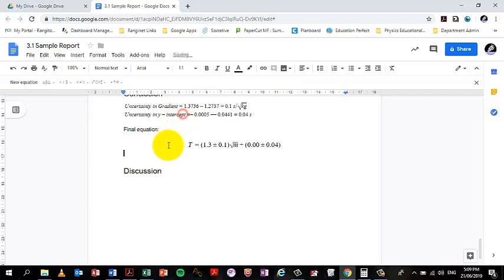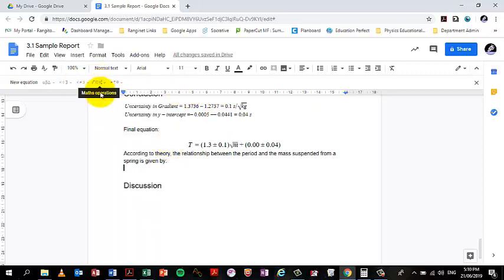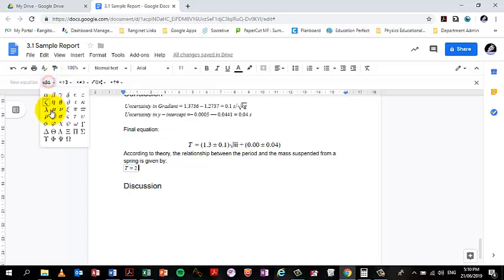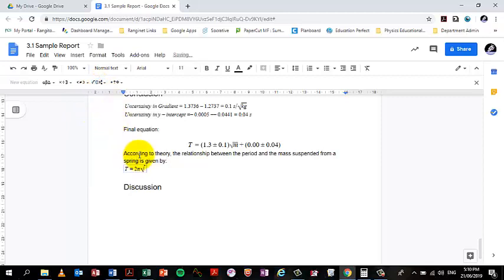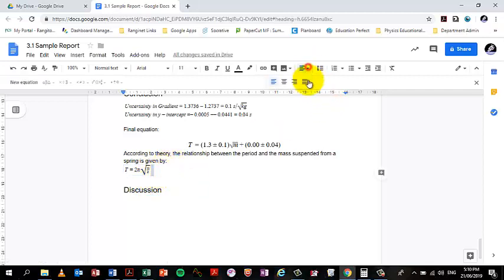According to theory, the relationship between the period and the mass suspended from a spring is given by, and this is the equation that was given on the task sheet, T equals 2 pi square root of m over k. That's the theoretical equation.